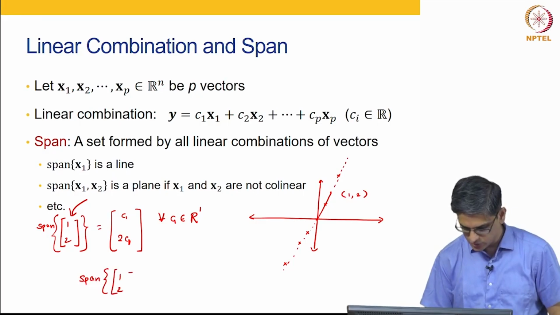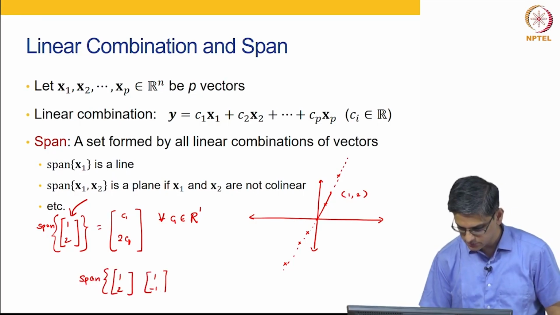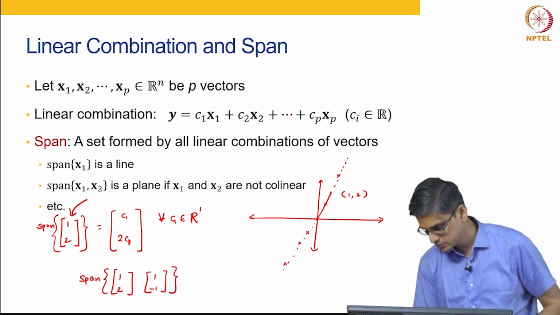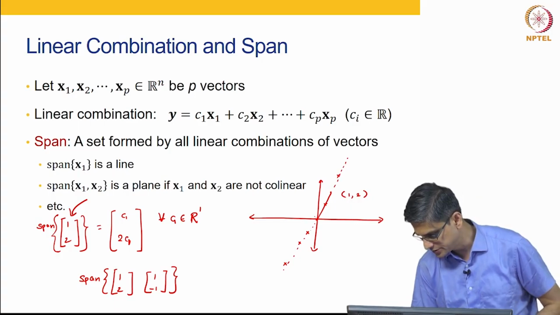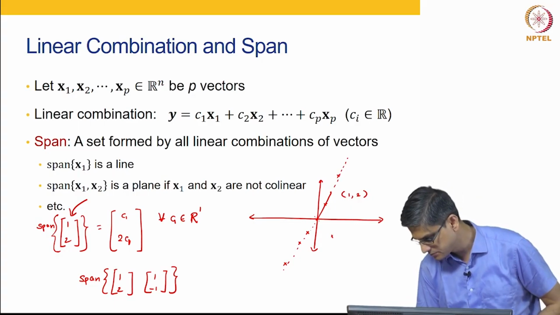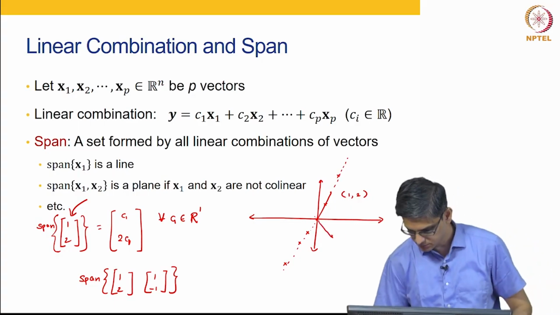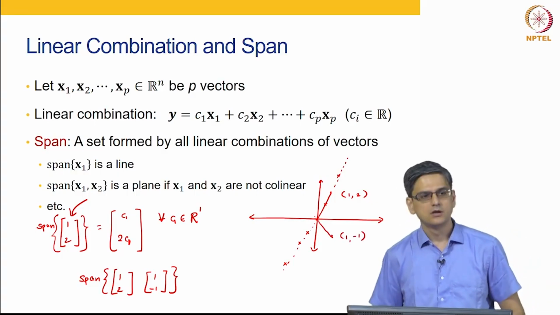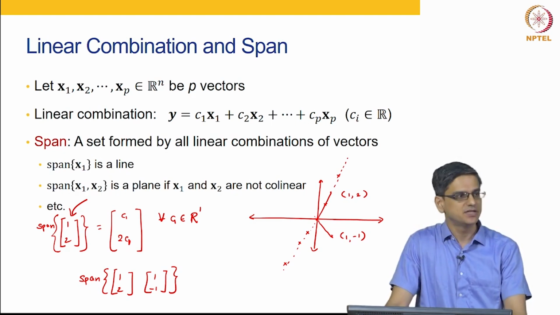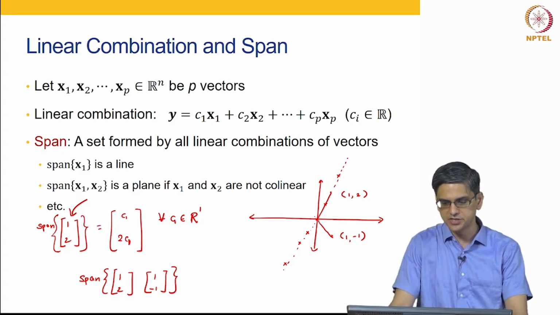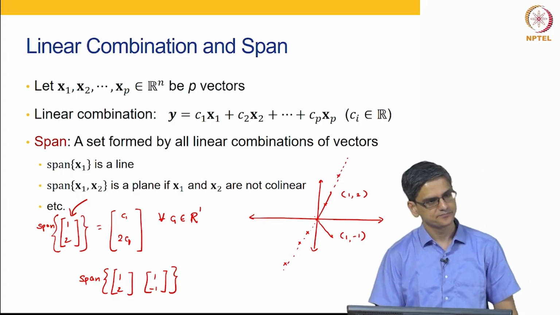What is span of 1, 2 and let us say 1 minus 1? 1 minus 1 should be here. The entire plane. Any vector in this entire plane can be represented as linear combination of these two vectors.